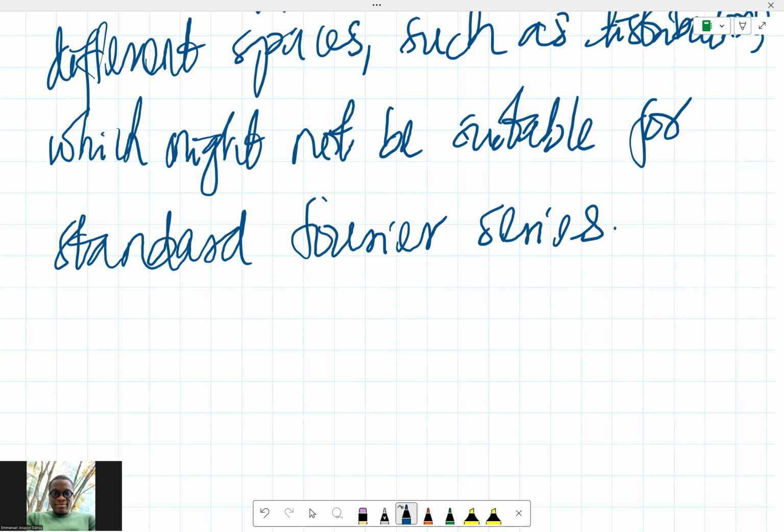The standard Fourier series is designed for translating periodic functions into sums of sines and cosines, but the generalized form can take care of functions that are not necessarily periodic.